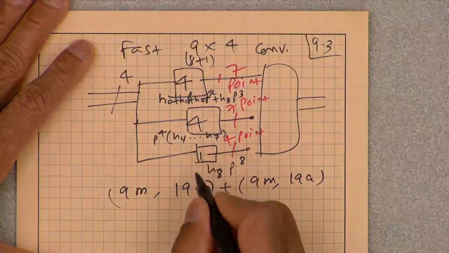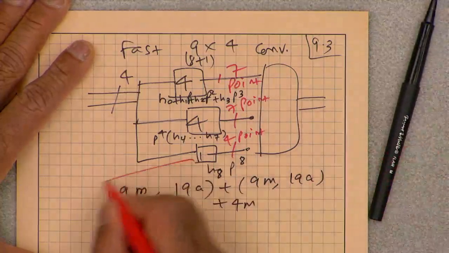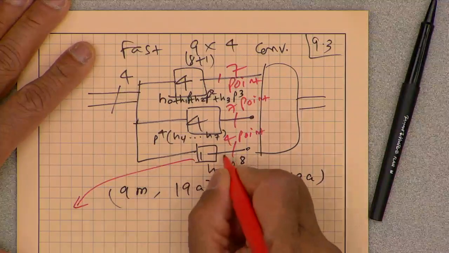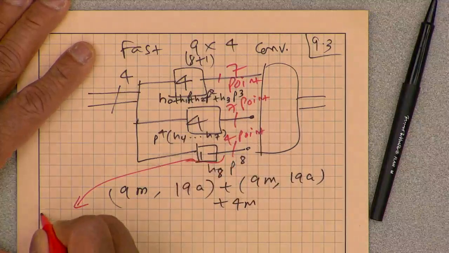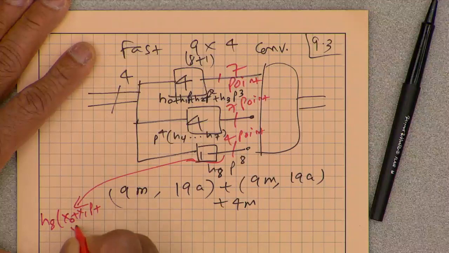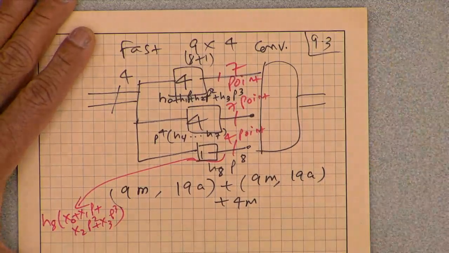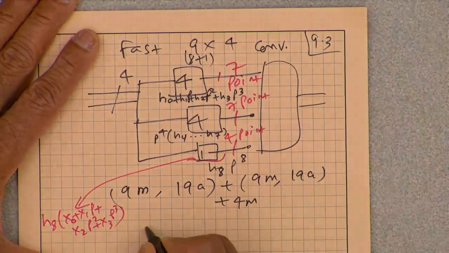So this is simply computing h8 times x0 plus x1p plus x2p squared plus x3p cube. So that's just 4 multiplications, and then how many add operations.